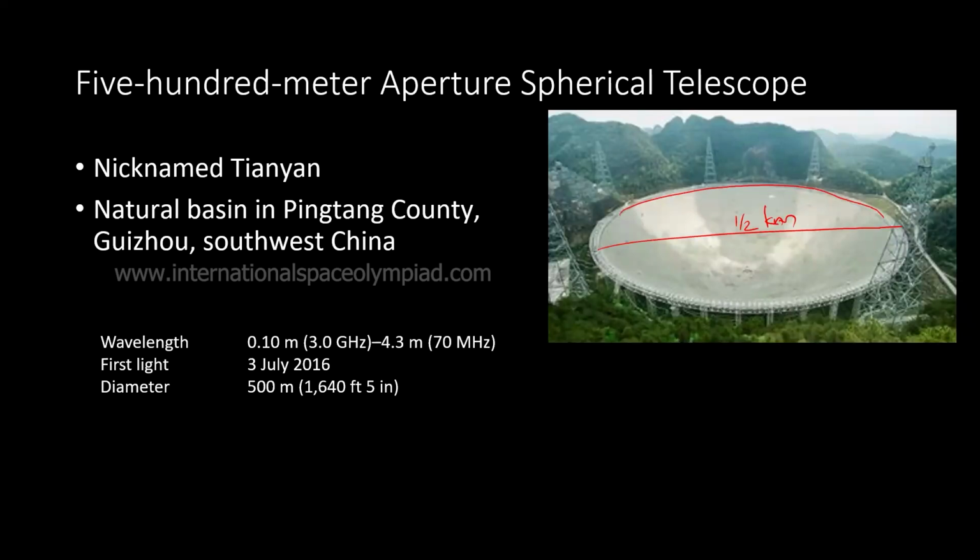You can see that basin is here, and they constructed one, and whatever comes above it can be observed. Anyway, it is not tiltable or steerable, similar to a liquid mirror telescope, which cannot be steered in any direction. So it is always looking at the exact midpoint of the sky. So that is about the 500-meter aperture.